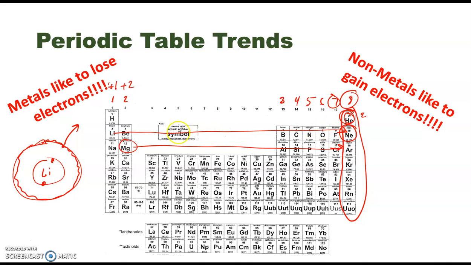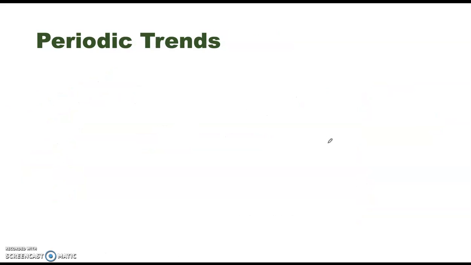It can either lose all 7 of its valence electrons to be like helium, or it gains 1 to be like neon. It's always going to gain 1 and form a -1 charge. Same thing with oxygen. It'll almost always gain 2 electrons because that's easier than losing 6 of them. So just keep that in mind as we move forward.